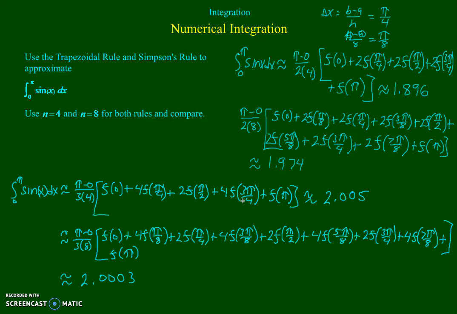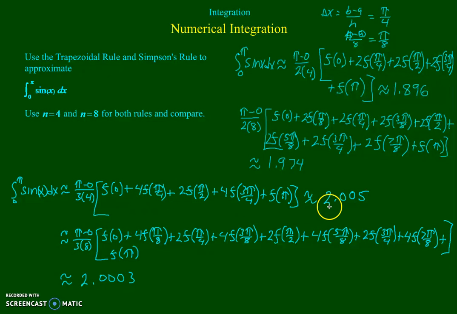For expediency's sake, I've gone ahead and evaluated this, so let's step through this. Simpson's is b minus a over 3n, so this is going to be pi over 12, times the first term with a 1 for a coefficient, plus the second term with a 4, the third with a 2, a 4, and so on. So it has to start with a 1, end with a 1, it has to have a 4 as the second and second from last term, and a 2 in between the terms with a 4 coefficient.